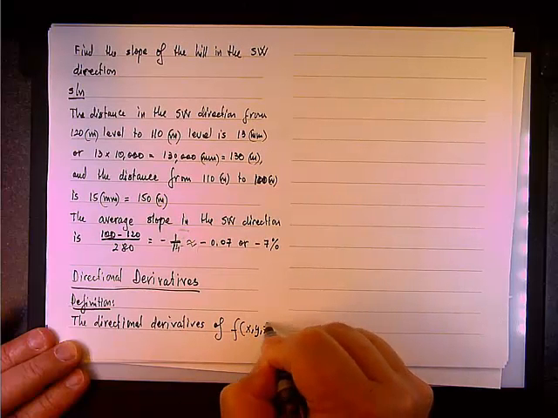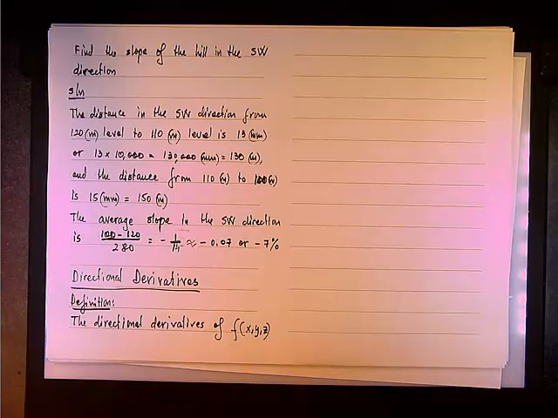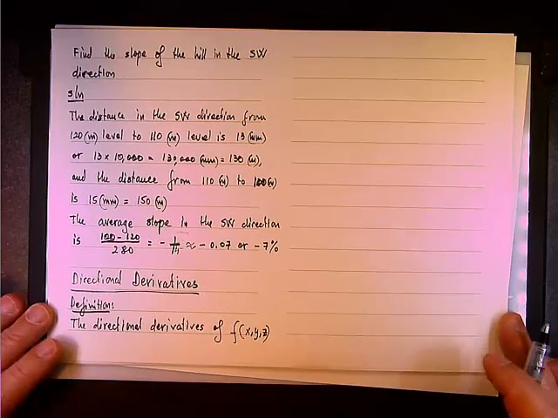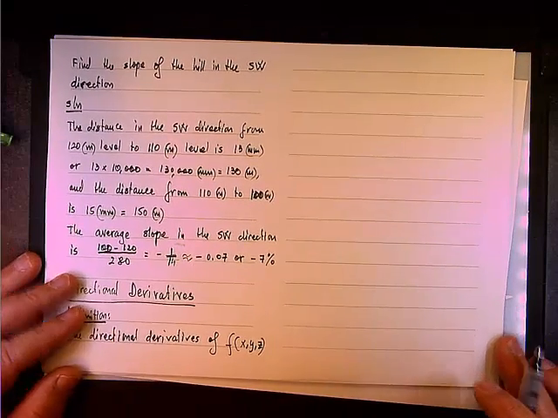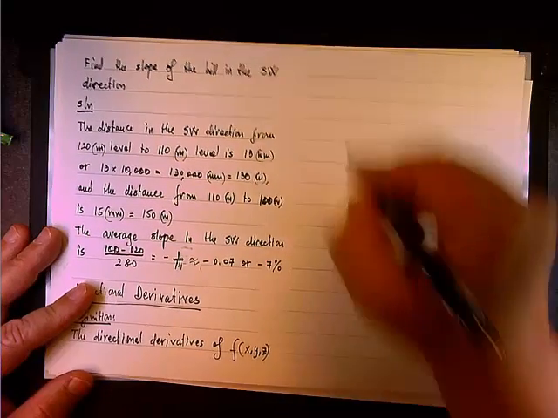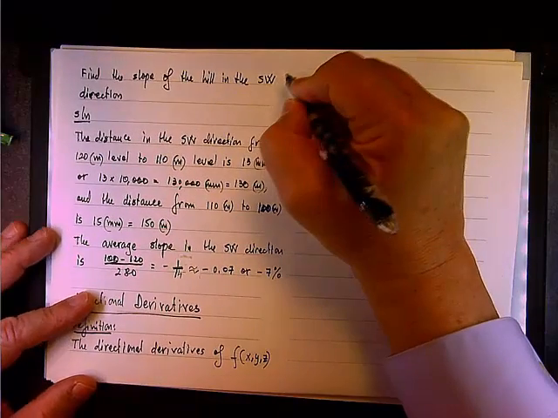And I'll jump right into three variable functions. Of course, you can reduce everything we discussed so far to two variables, but the principle is exactly the same thing. And now we're looking for a particular direction.